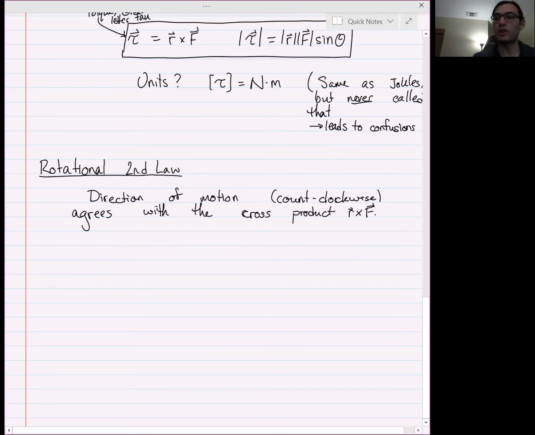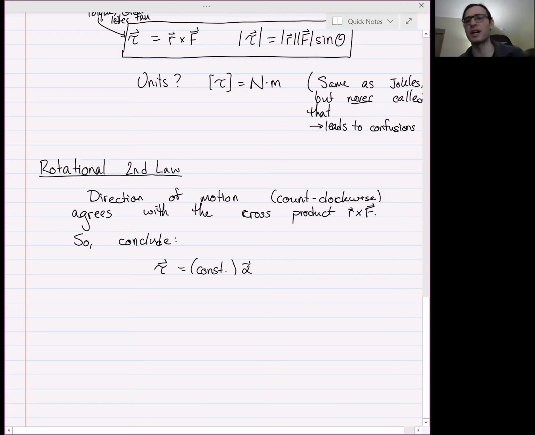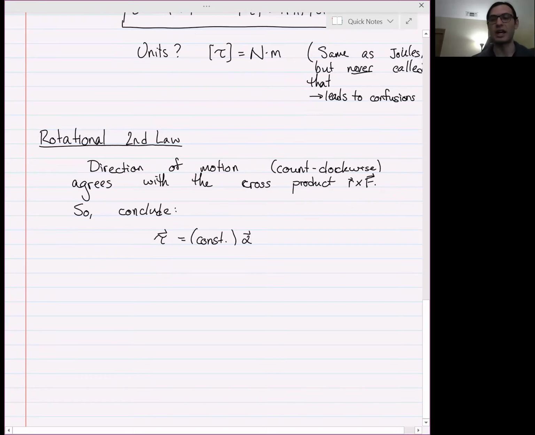So that would lead us to conclude that the second law equivalent is the following equation: the torque is equal to some constant times the angular acceleration, just like how force is equal to a constant, in this case mass, times translational acceleration. So the question now is, what is that constant?